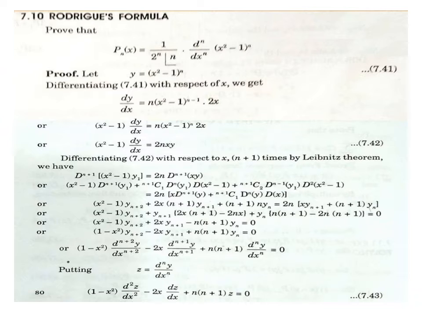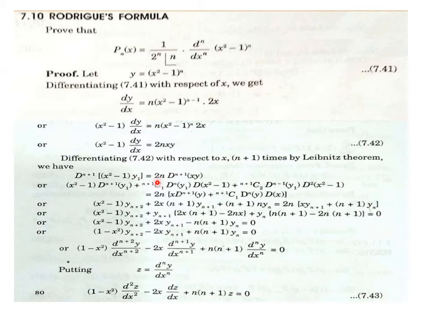Let's talk over the details of the Leibniz rule, and how it's working here. It's a generalization of the product rule. X square minus 1 is one factor multiplied with y1.